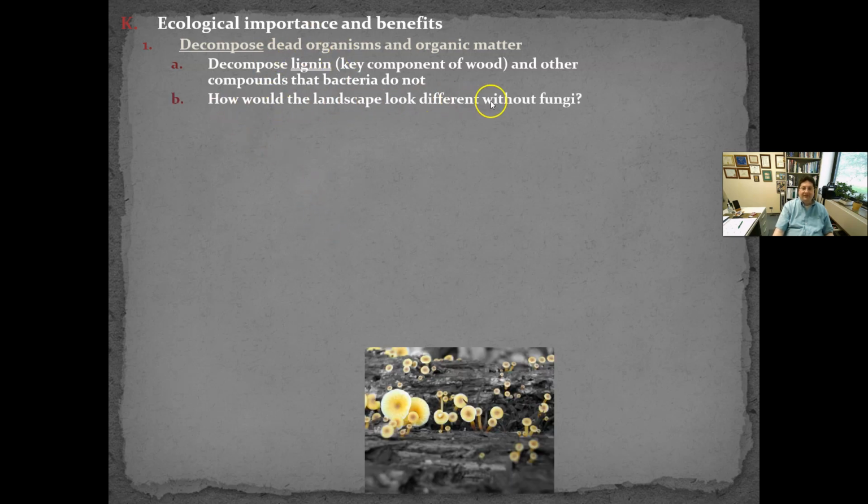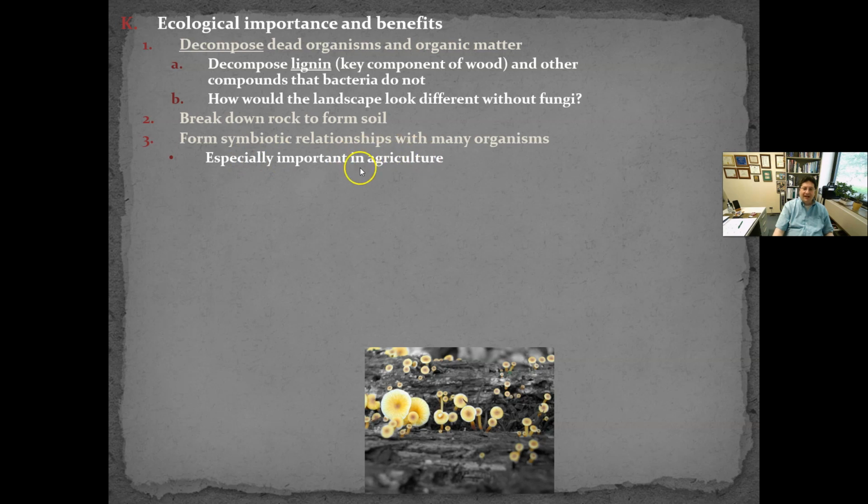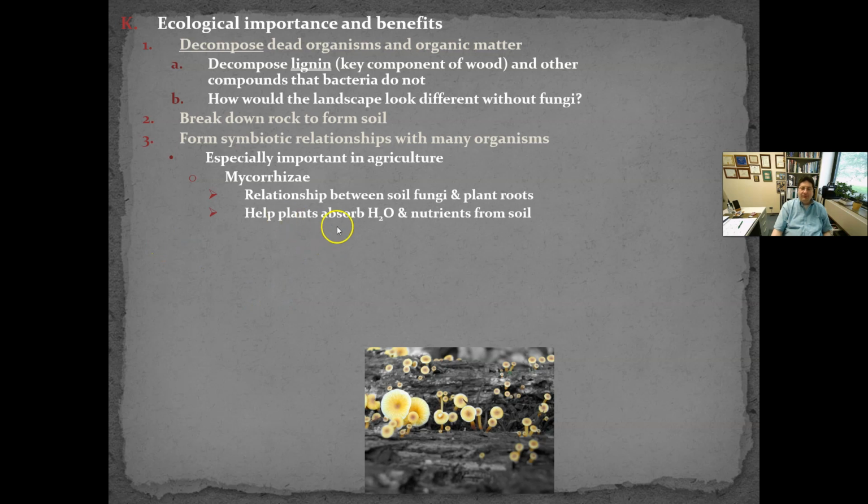So how would Earth's landscape look different without fungi? You should ponder that. Fungi can also break down rock to form soil. They can form symbiotic relationships with many organisms, especially agricultural plants, where fungi can form a mutually beneficial relationship with plant roots called mycorrhiza, where the fungi grows around or sometimes even inside the plant root, and it helps the plant absorb water and nutrients from the soil.